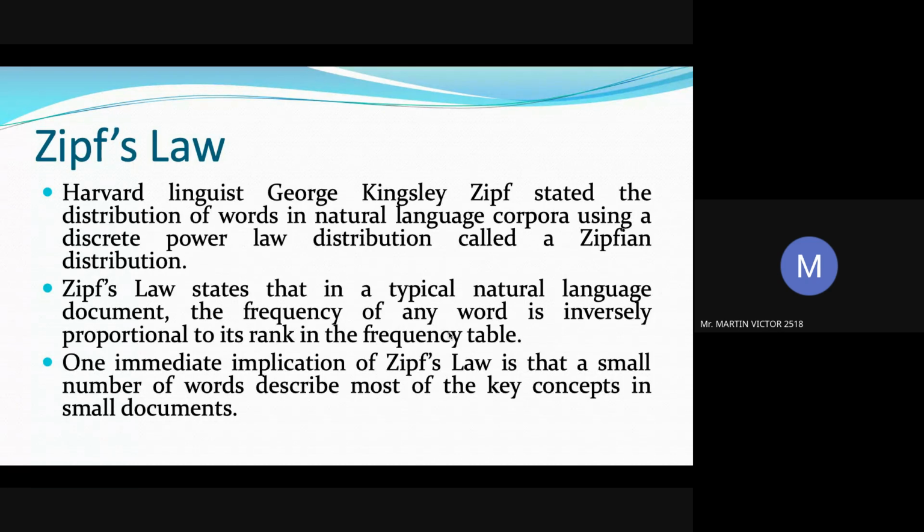So Zipf's law states that in a typical natural language document, the frequency of any word is inversely proportional to its rank in the frequency table. This is the law stated by Zipf, a Harvard linguist, namely George Kingsley Zipf.